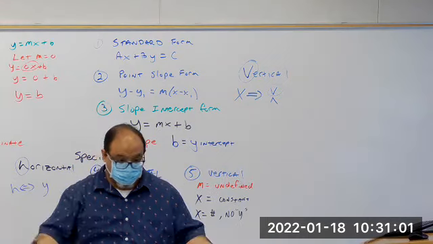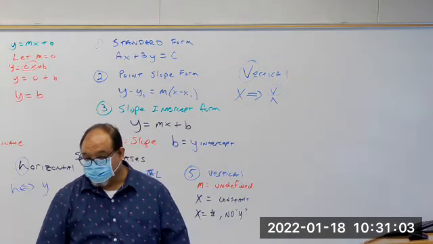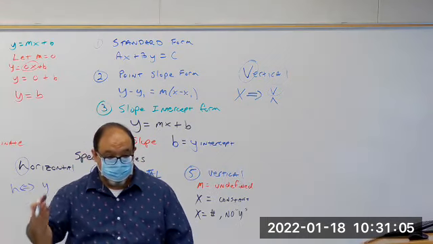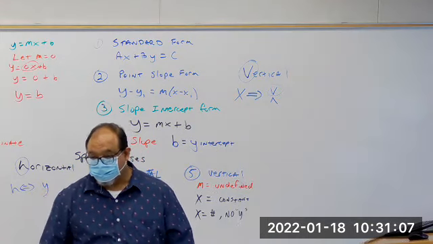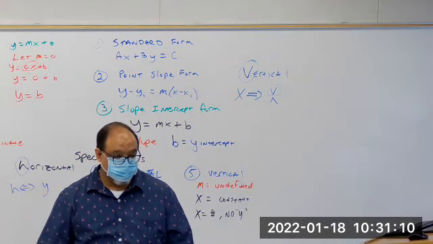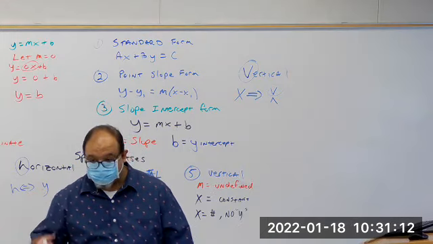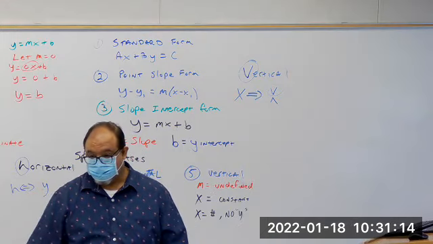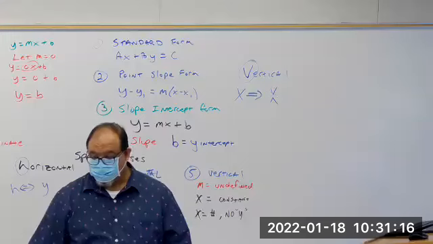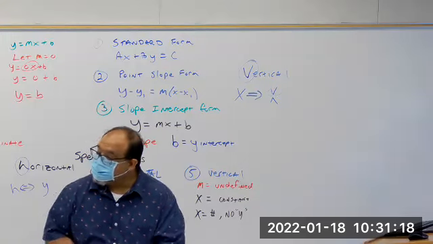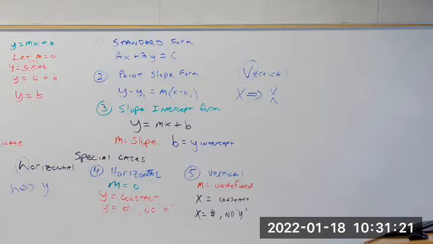X has to be the other one, the vertical. An X is made out of a V on top of an upside down V, a couple of V's. So X goes with the vertical. Okay. All right.